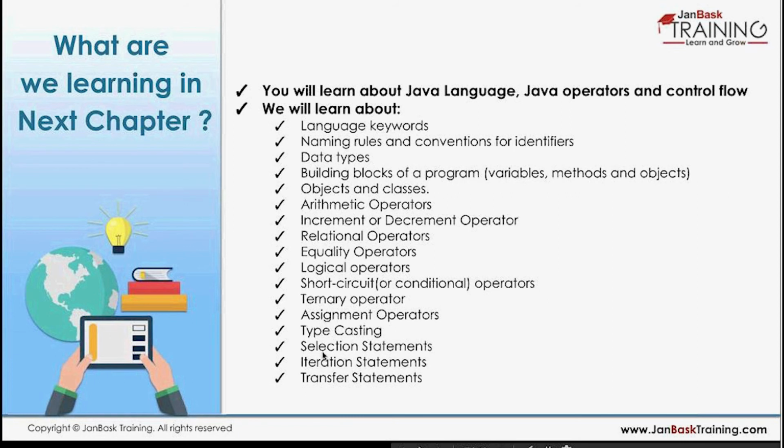And then we'll talk about different kinds of statements. One of them is the selection statement, another one is the iteration statement, and the final one is the transfer statement. Just to tell you more about it, you can have a normal statement, which is like an assignment statement. The other one is your iteration statement, which is a loop, and the transfer statement is your conditionals, which are if else and those kinds of conditionals that we use in creating programs.